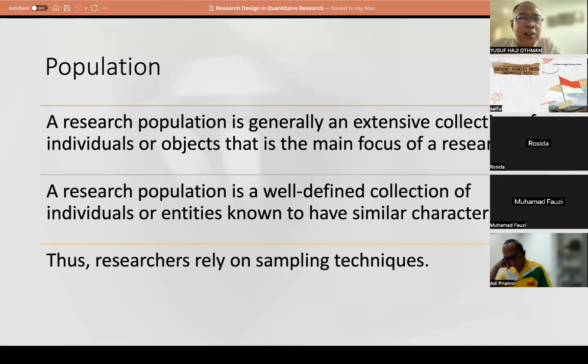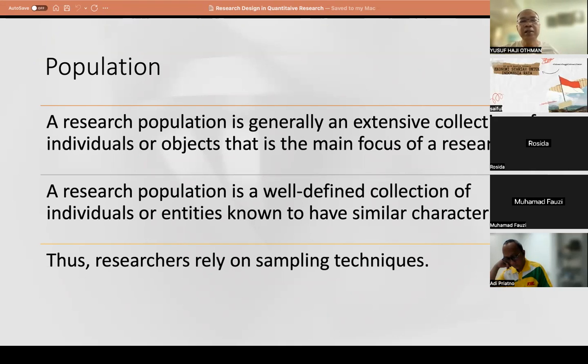So what we do is we rely on sampling techniques. If the population is 15 million, then we do not study all the individuals of the 15 million individuals. So we choose only the sample. We use the sampling technique, and there are sampling criteria.